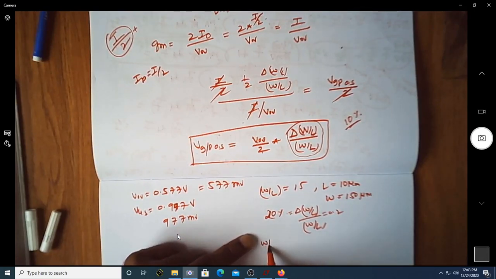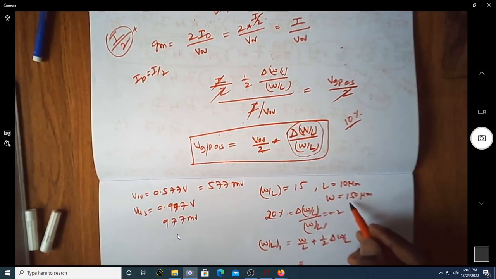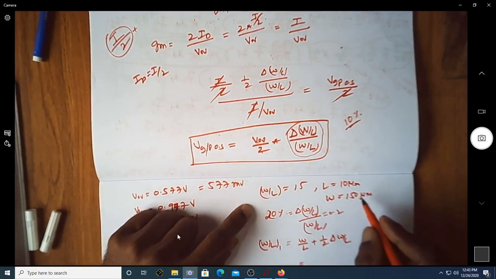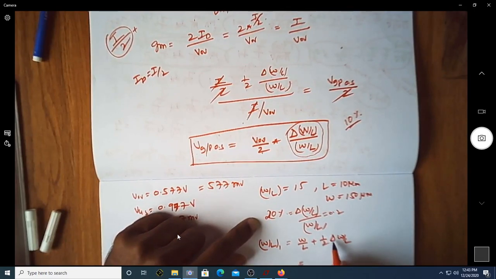So let me take W by L of the first transistor to have a positive error, W by L plus half of delta W by L, since W by L is taken as 150.